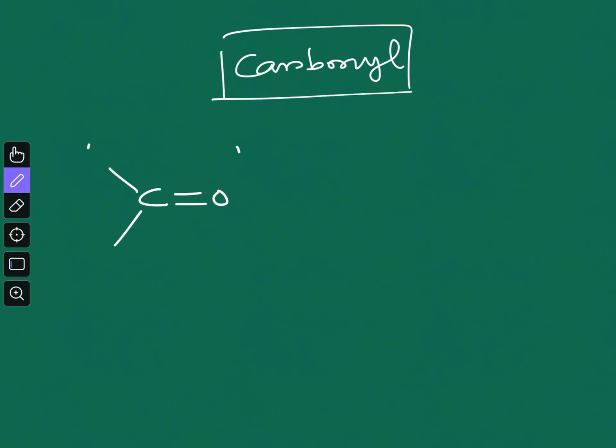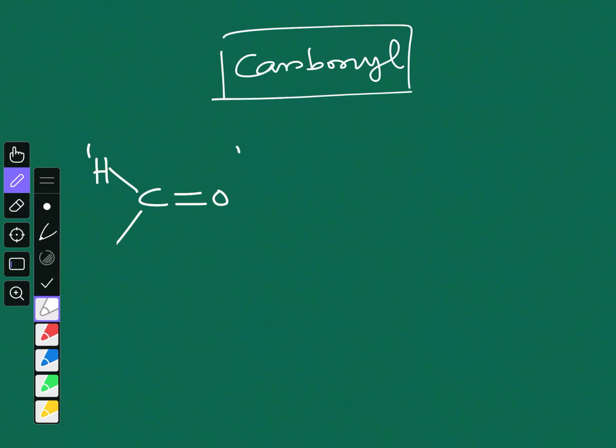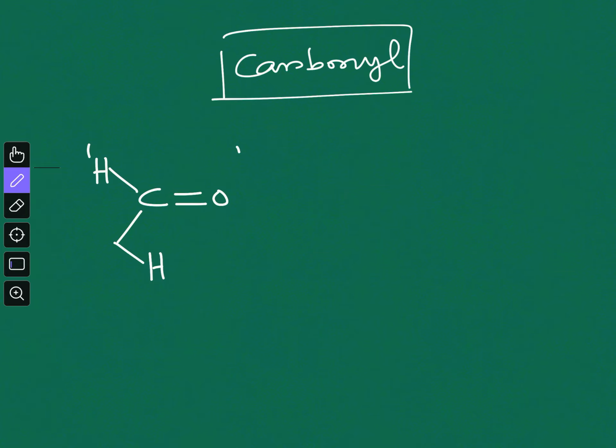Now if you have an aldehyde, you will have hydrogen over here, and on the other side you can have hydrogen, or you can have an R group. So here I put some R group, and in this R group also you can have hydrogen atoms, 1 or 2 hydrogen atoms, and then you can put R group like this.